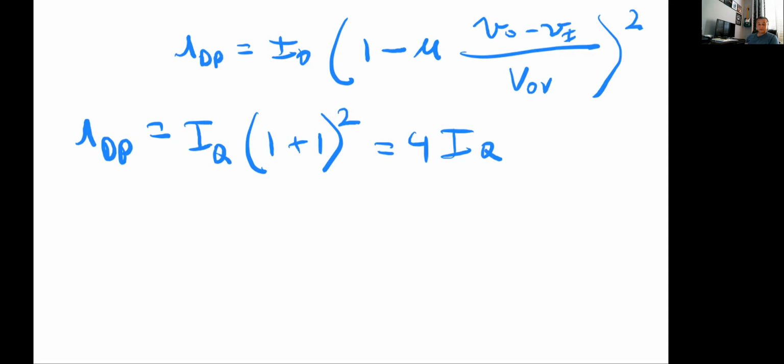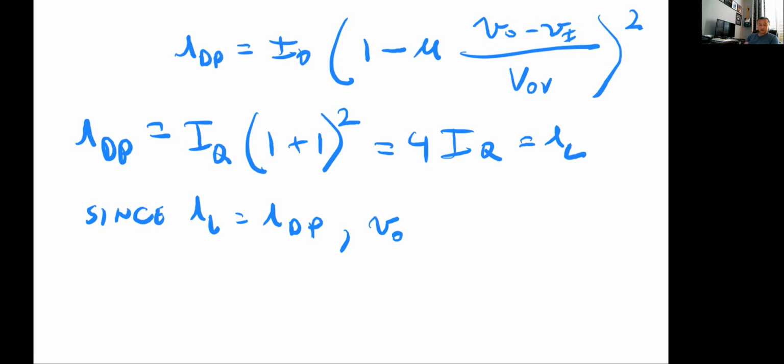Okay. And since at that point, the load current is equal to the current supplied by the P channel, which is 4 IQ, we have this expression here.